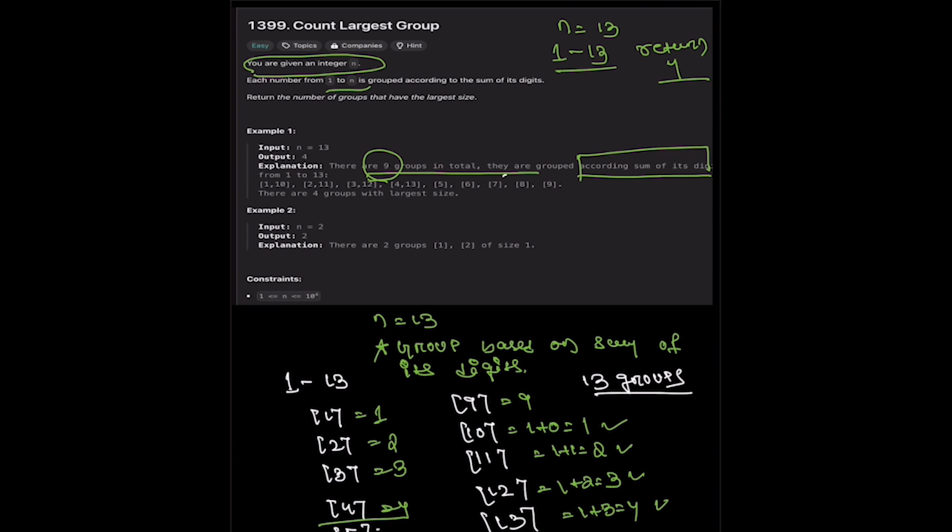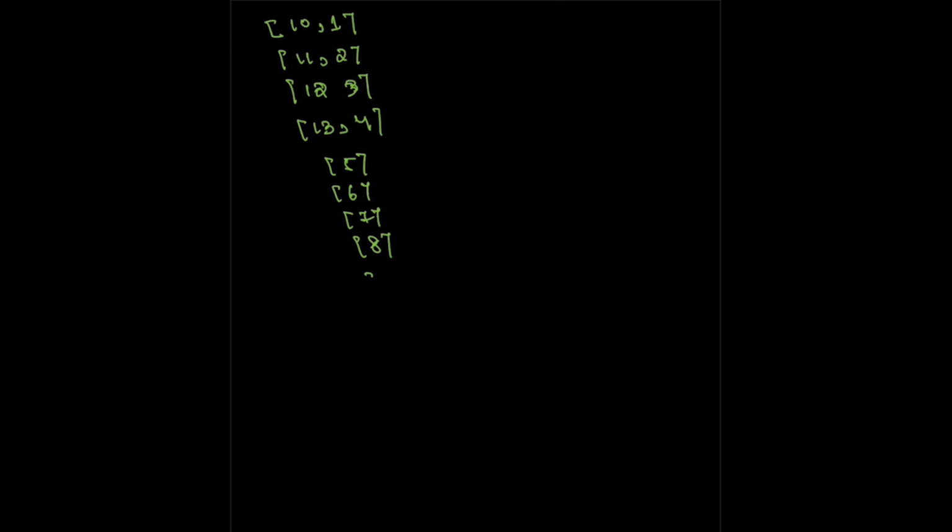So we start from 10, which is 1, then 11, which is 2, then 12, then 3, then 13, which is 4, and so on, 5 6 7 8 9. So these are the 9 groups now.